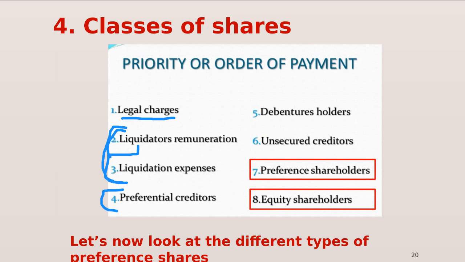Secured debt means, when you buy, so some of you might have parents that have purchased cars. When your parent purchases a car, the bank says, okay, we will give you the money to buy the car, but in the case that you don't pay us back, we're going to take your car. So they securitize their loan.